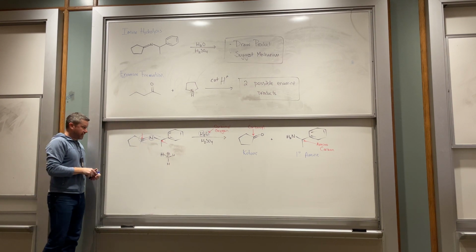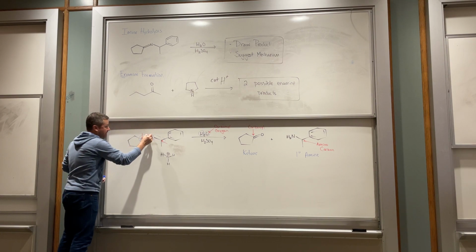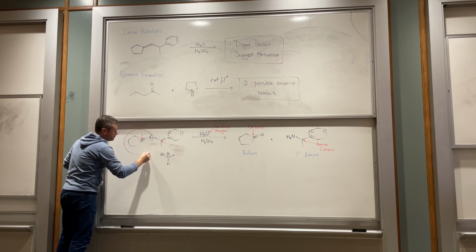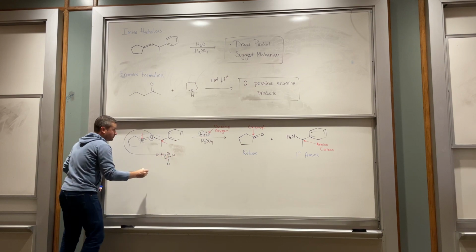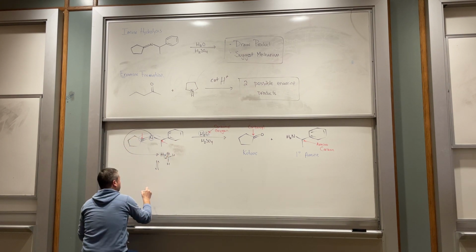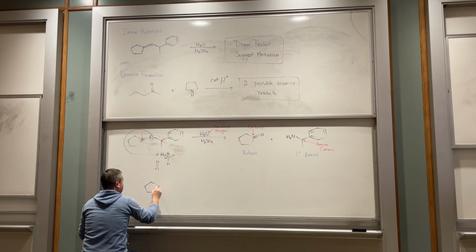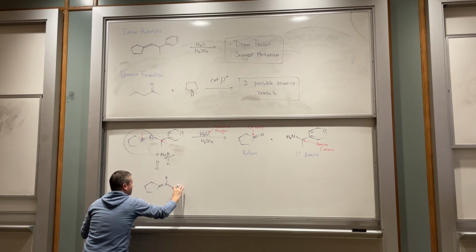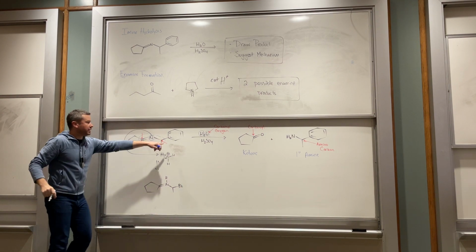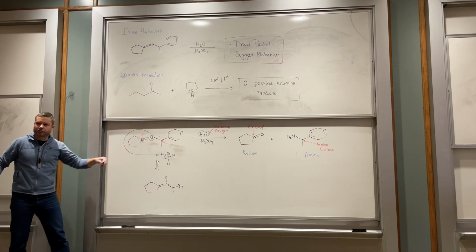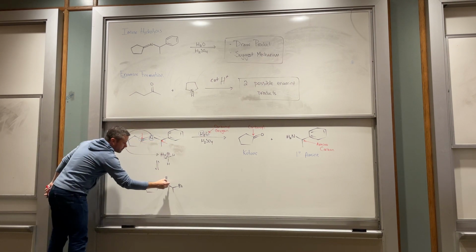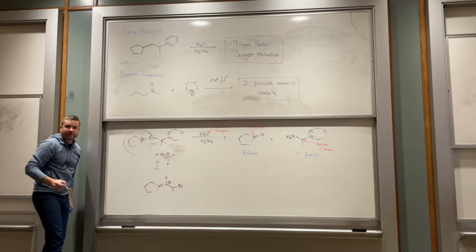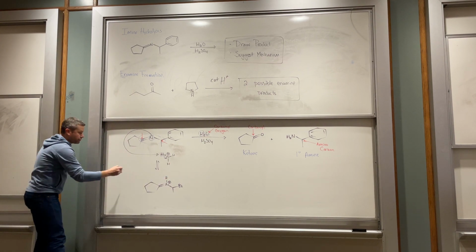So we'll use that acid to protonate nitrogen. I'm going to abbreviate this phenyl group as Ph so we don't have to draw it out every time. And then nitrogen gave away a pair of electrons, so it gets a formal positive charge.